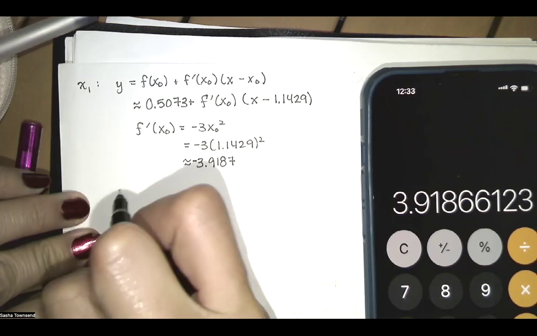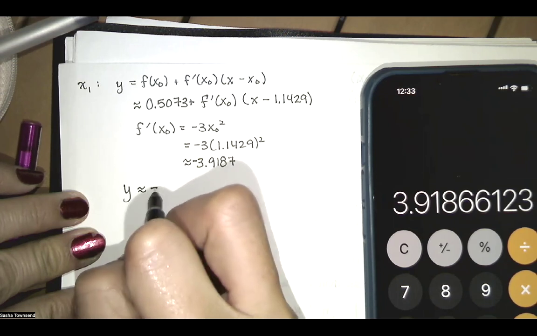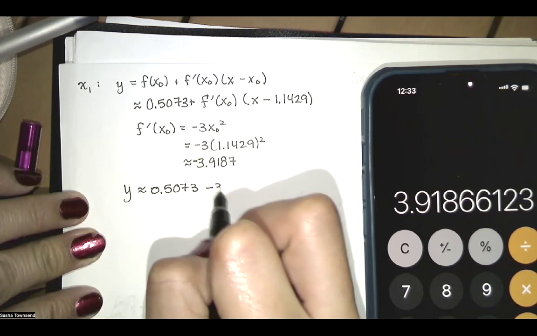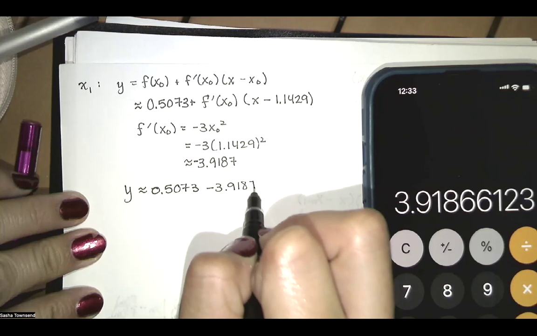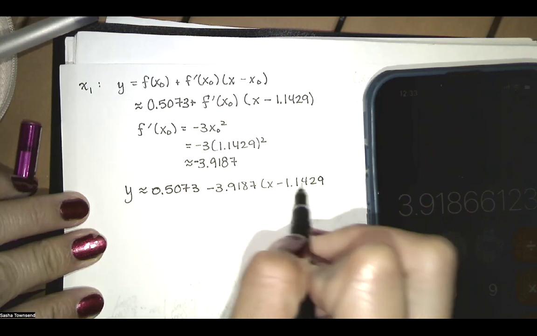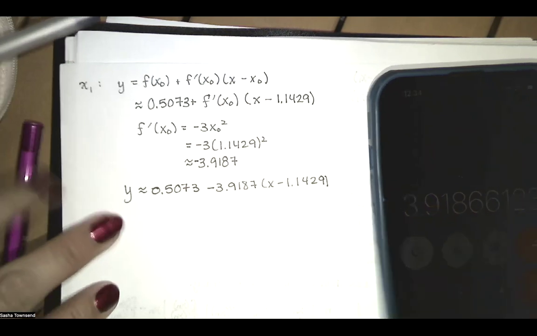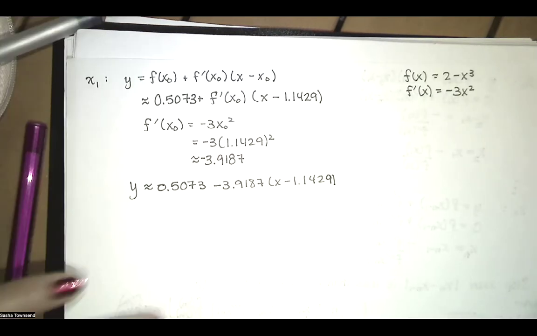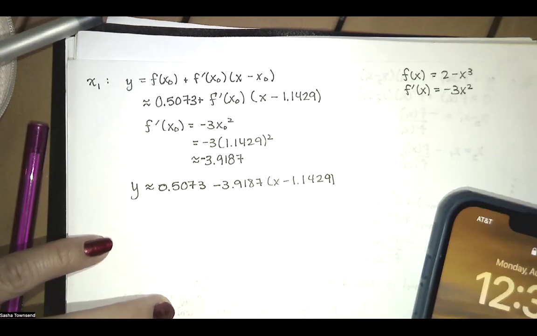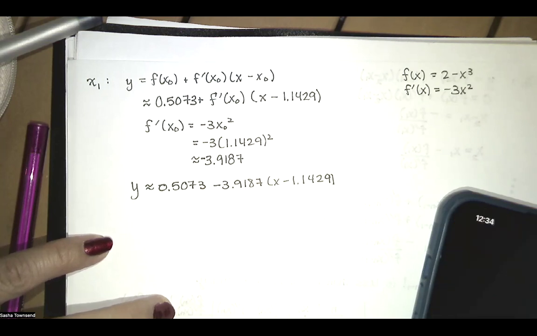So our y value is approximately 0.50728, so 0.5073 minus 3.9187 times x minus 1.1429. And then if we distribute this times this, I know it's kind of tedious, 3.9187 times 1.1429.